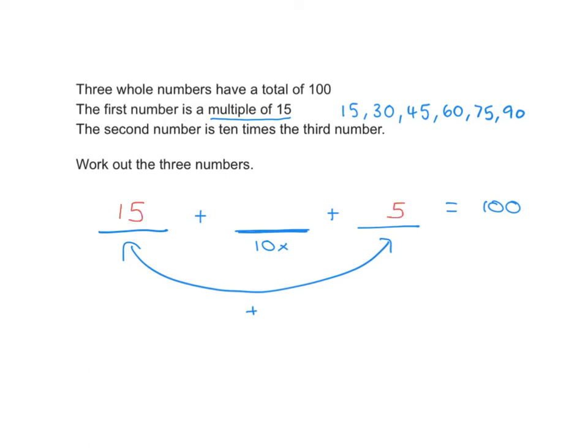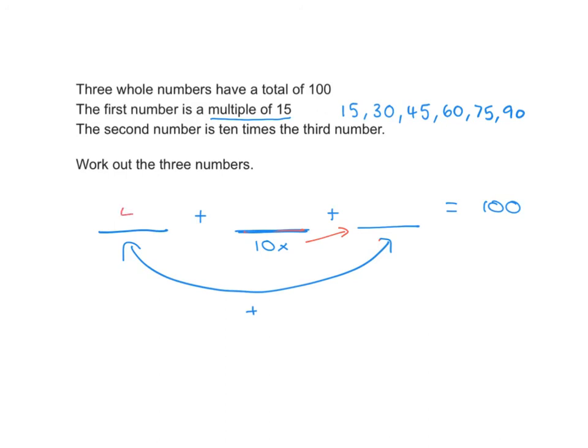Well, I'd have to add on 5. But if this number's 10 times bigger than this one, that'd make it 50. Well, they don't add up to 100. So if this number was 30, then these two numbers have to add up to a multiple of 10. So that would have to be 10, that 100. Well, no, that can't be right. It doesn't make sense.